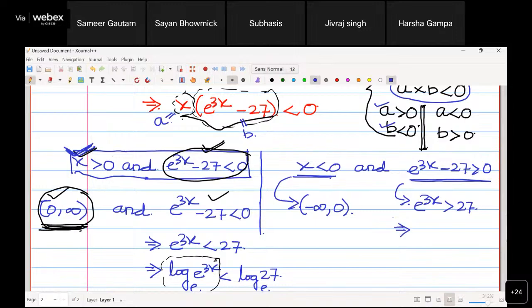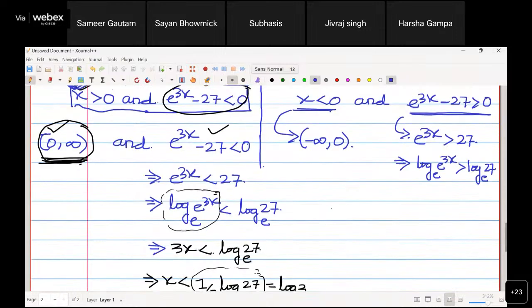So if I take log base e, 3x should be greater than log e of 27. Now by the same process I get x is greater than log e 3, right? Correct or not?